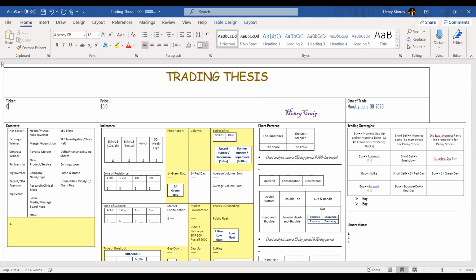So let's start off with typing in the name of the ticker. And the name of the ticker is VNUE. All right. And then we're going to move on to the price. What's the price of that stock? Let's go back and take a look at the price.